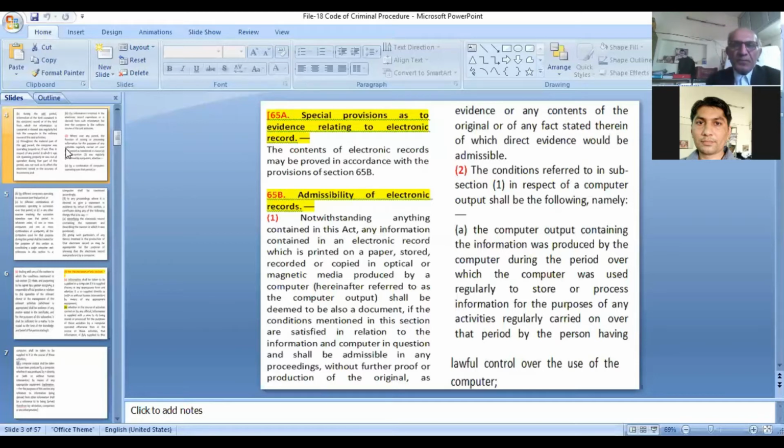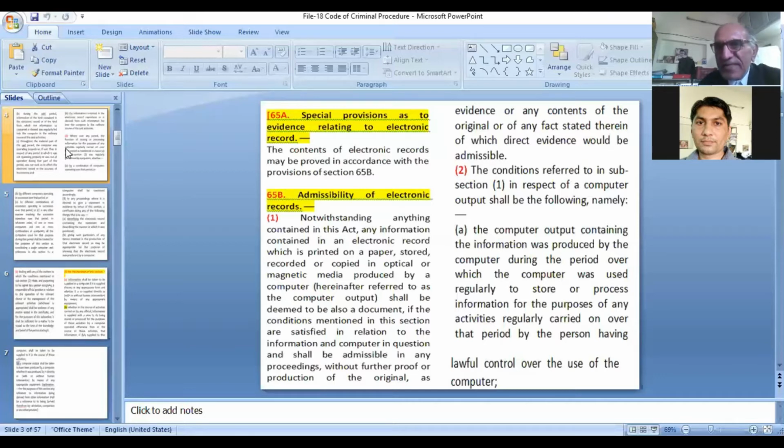Now see, this clause is making it permissible and admissible as a secondary evidence.